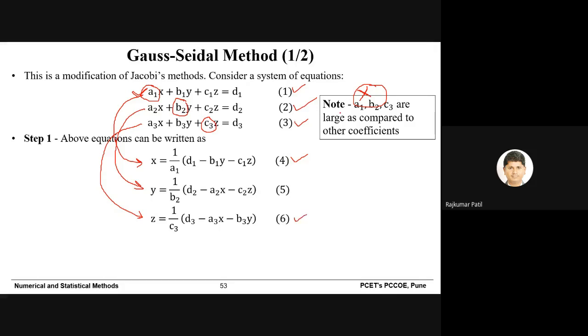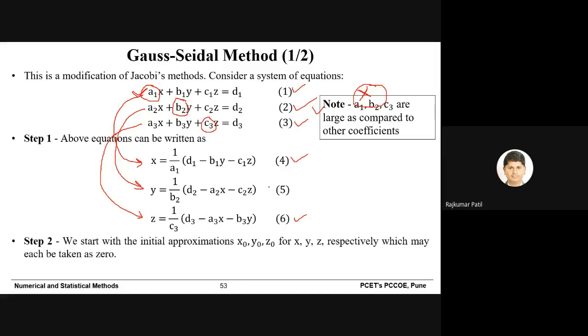So what we did is we followed the rule and rewrote the equations: equation number 4, x is equal to; equation number 5, y is equal to; and equation number 6, z is equal to. This is the first step, in which we rewrite the equations. Then once we get equations 4, 5 and 6, we need to take initial approximations.